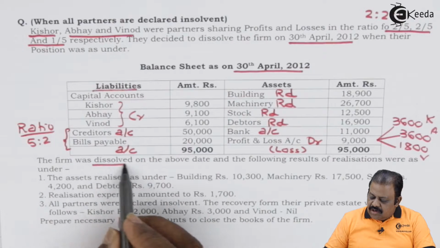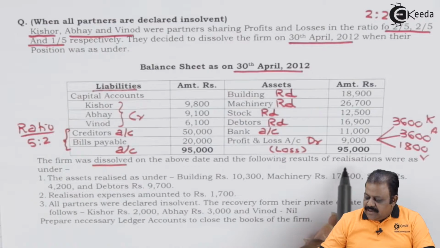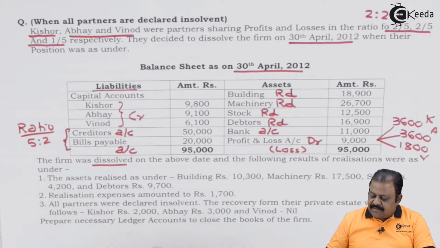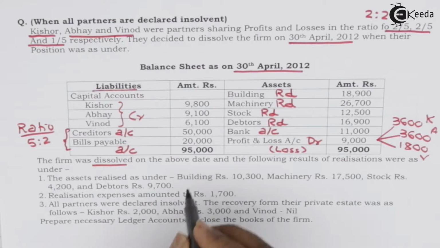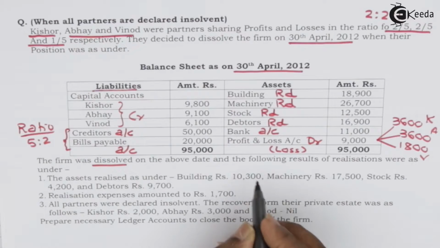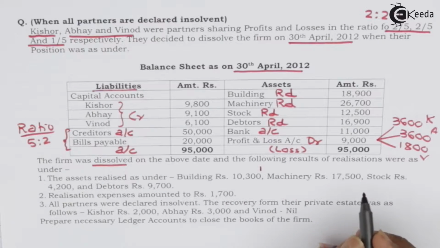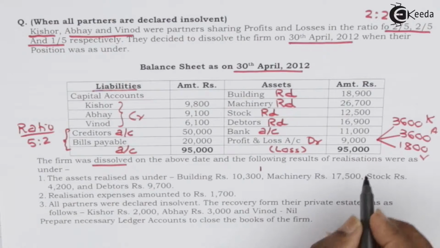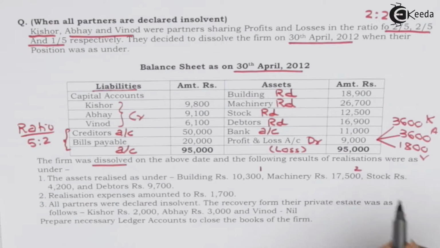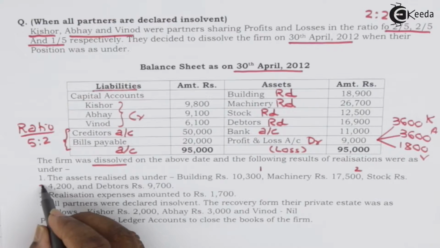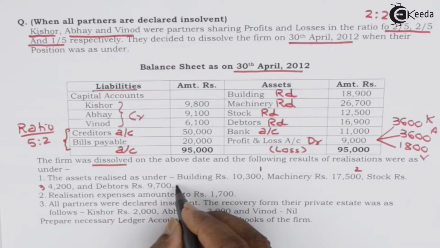The firm was dissolved on the above date and the following were the results of realization. The assets realized as under: building 10,300, machinery 17,500, stock 4,200, debtors 9,700.